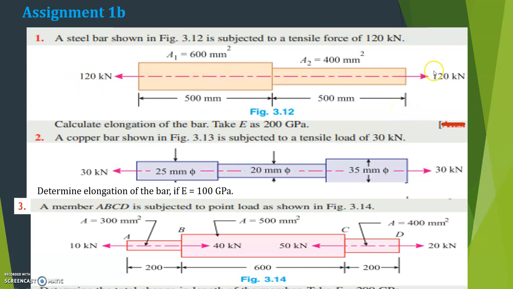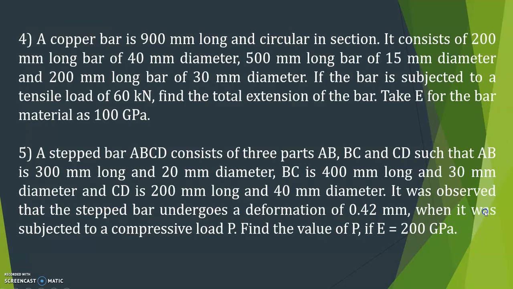The first problem is like this. Here you need not use the principle of superposition because only one load is acting at the ends. Find deformation. Here also no need to use the principle of superposition, and here you have to split up the forces and use the principle of superposition and find the deformation. And one more problem is there. Here also no need to use the principle of superposition. Directly you can find the deformation.